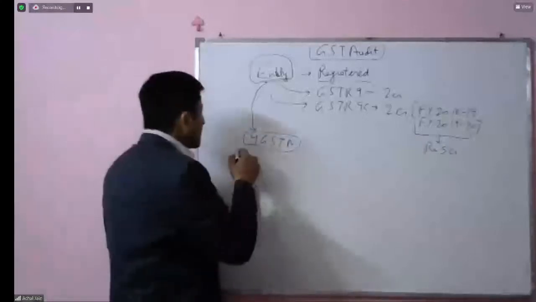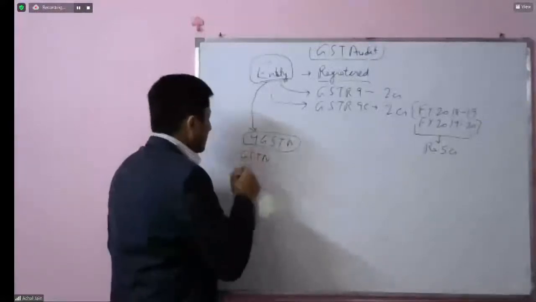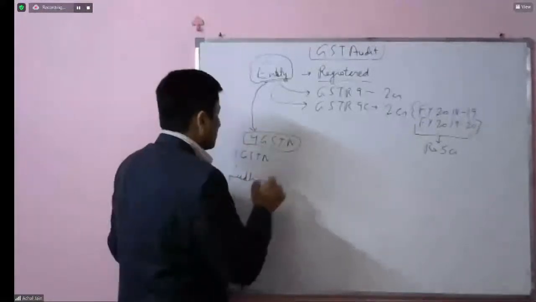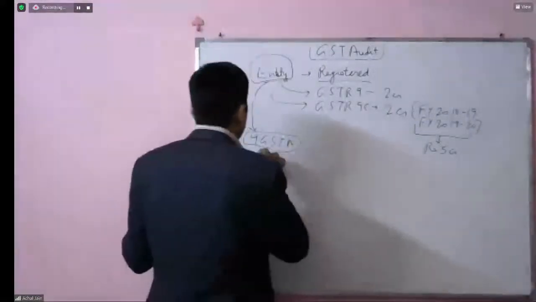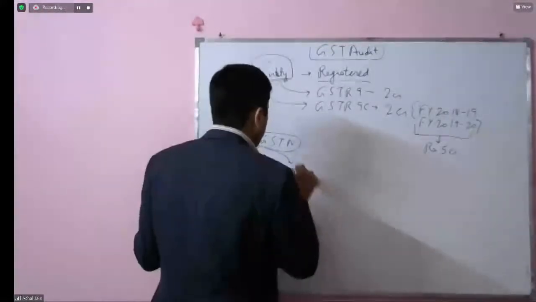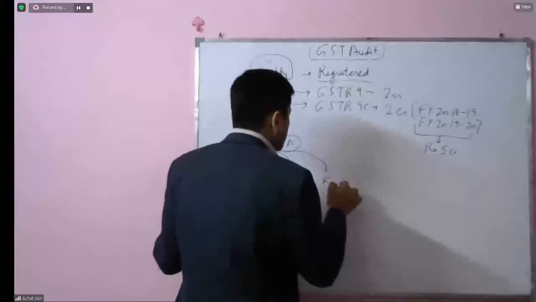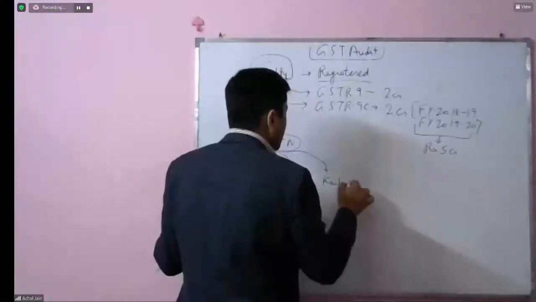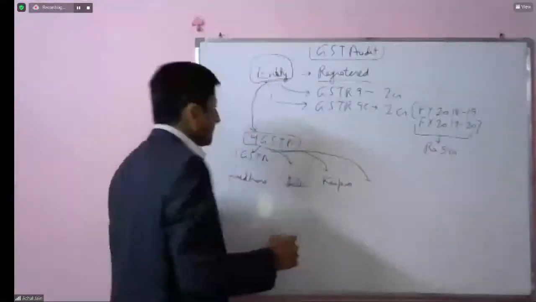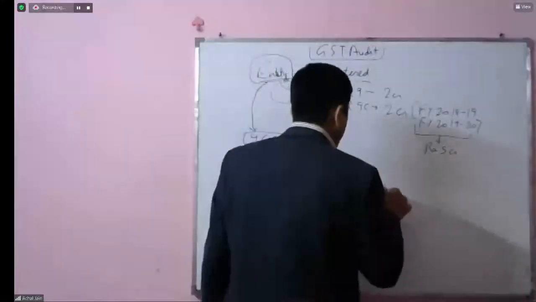Means, if it has got one GSTN at, say, Ludhiana, let's suppose another one is at Delhi, let's suppose another one Kanpur, and let's suppose another one, say, Mumbai.